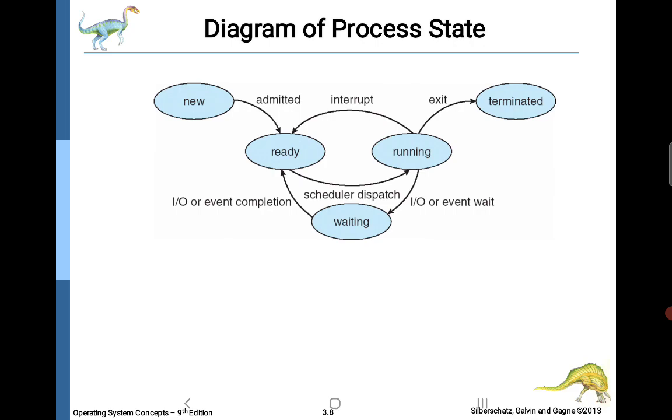Sometimes a running process can be forced out of the CPU using an interrupt for various reasons. Maybe a process with higher priority, with higher importance, is now ready and it needs to be executed. Or maybe the scheduler uses time slice, where it gives each process certain amount of time to run.